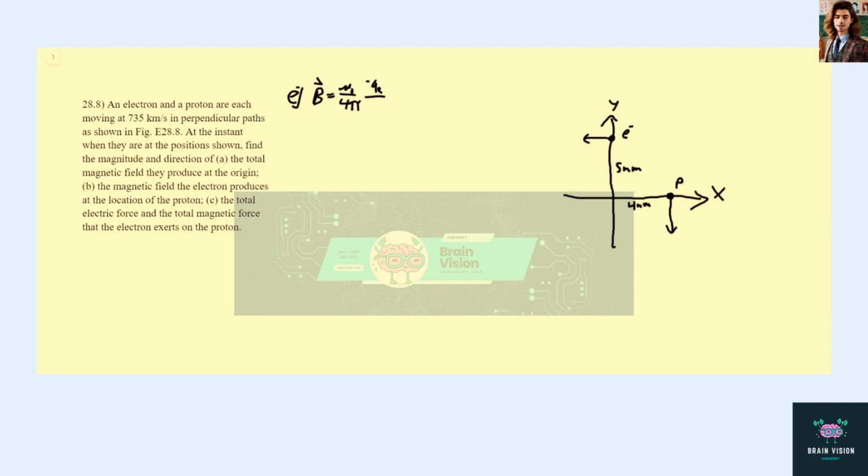And then we have the distance squared, so that's 5 nanometers squared. And then we have the velocity, and that's the cross product of the velocity with the r vector. So that's going to be this r vector here.